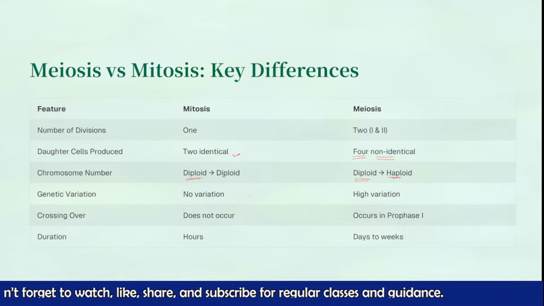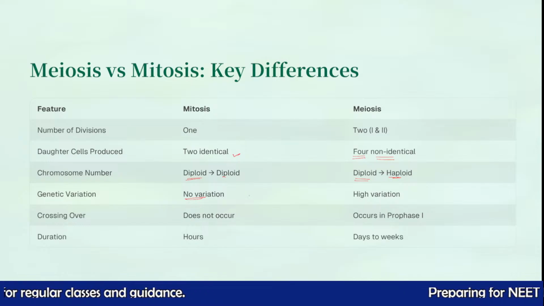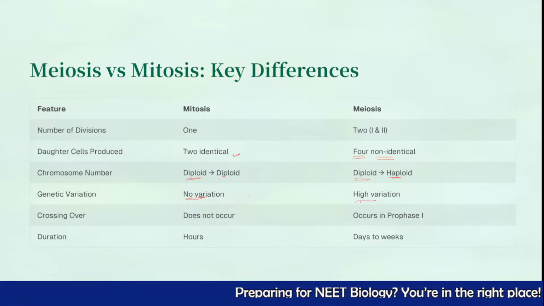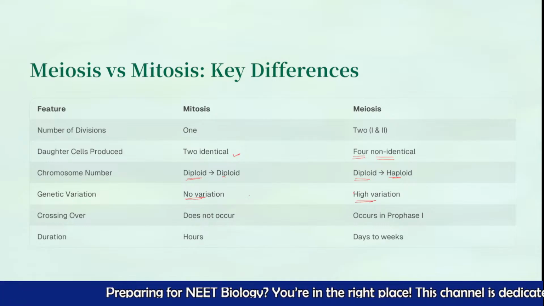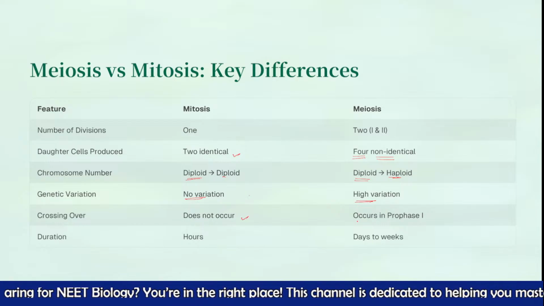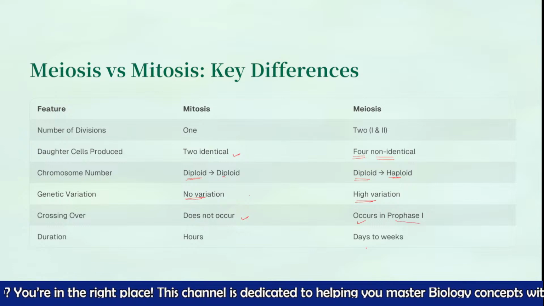In mitosis there is no genetic variation; the chromosomes remain intact, and the same are copied and given to the daughter cells. But in meiosis there will be high variation due to recombination. In mitosis, crossing over does not occur, but in meiosis, crossing over occurs in prophase 1.